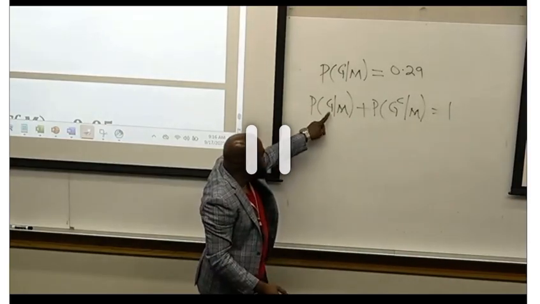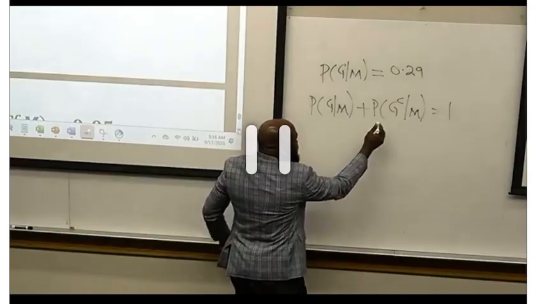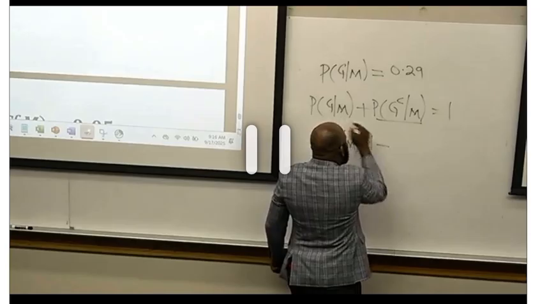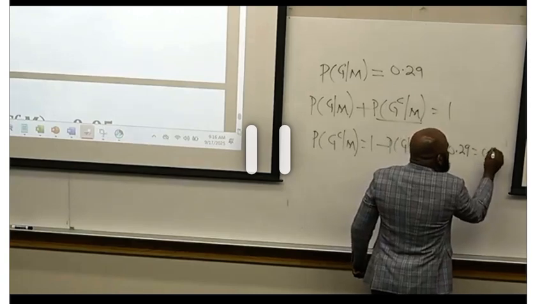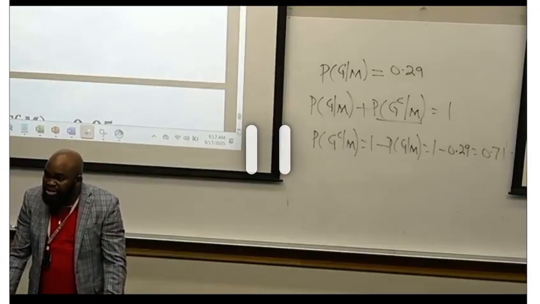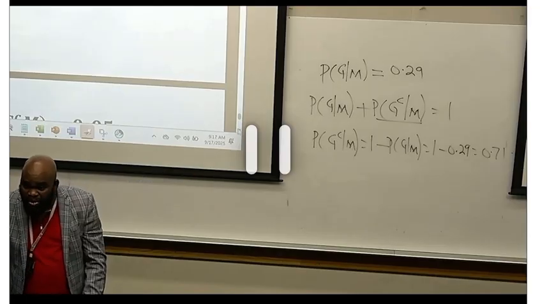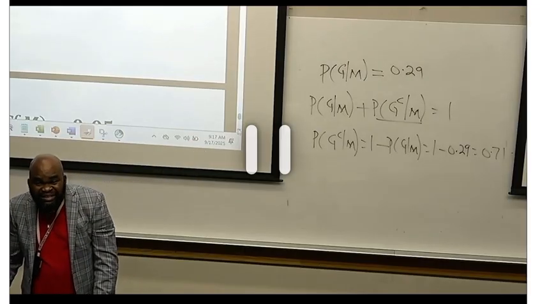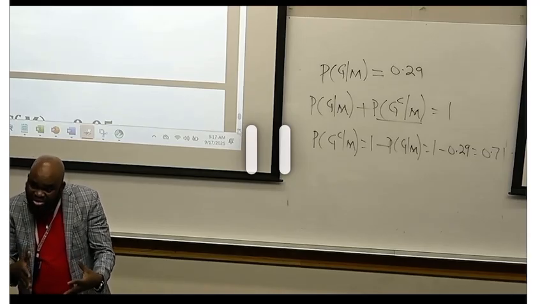This condition on M, the complement condition on M. So I can figure out the probability of G complement given M, which is going to be 1 minus 0.29, that will be 0.71. The 0.71 is telling us the probability that O.J. Simpson is not guilty, given that somebody was murdered. The first one is the probability of G given M, and now I'm using the law of complement, conditioned on murder. Does that make sense? If you don't understand, I would need you to ask me a question.